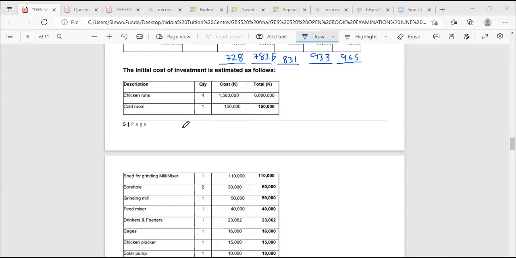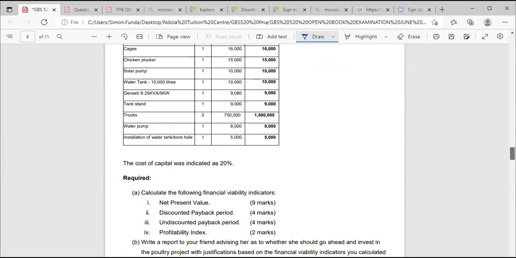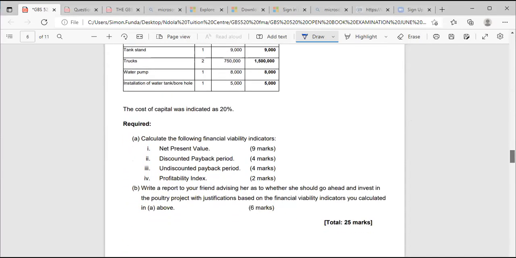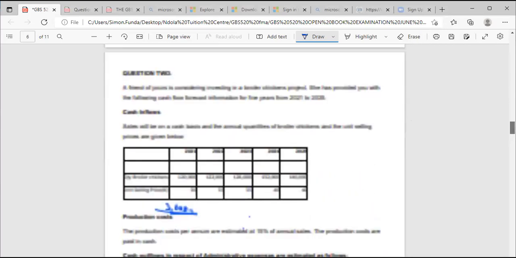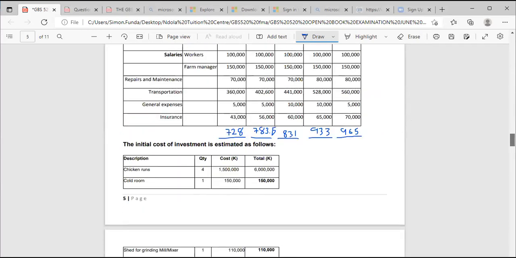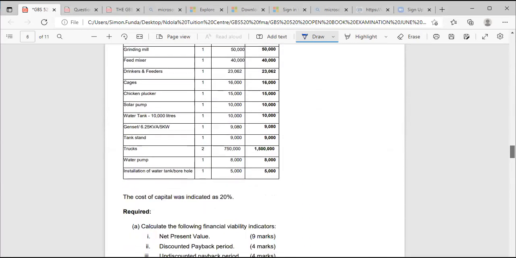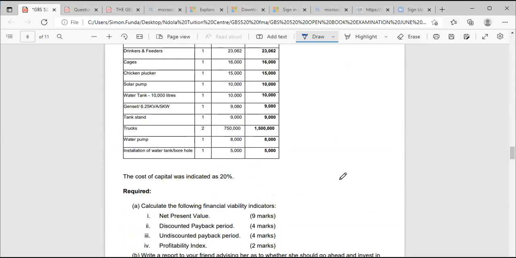How much are we discounting these cash flows? Oh, so we are discounting them at 20%. Okay.